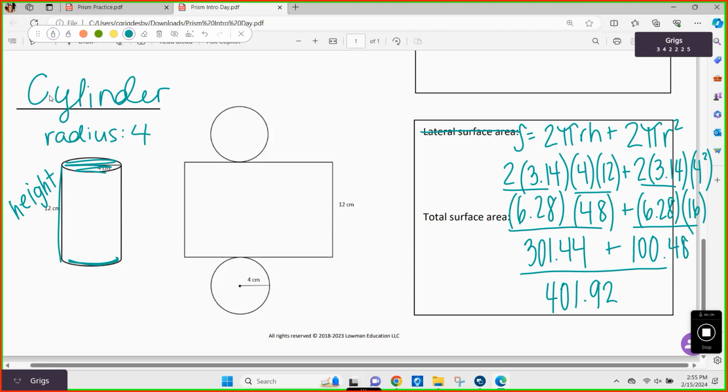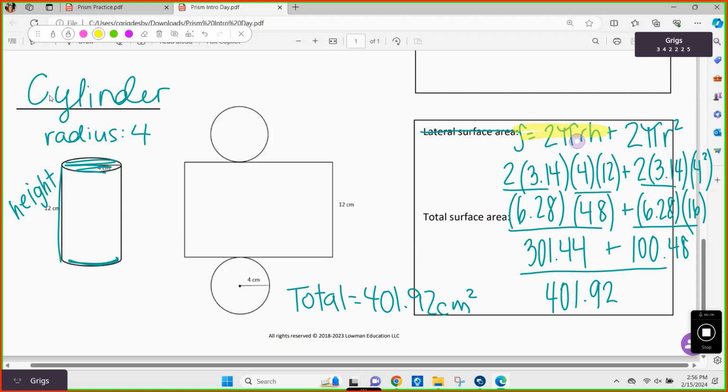So my total surface area, what it would take to cover the surface of all of these sides, would be 401, forget that decimal, and 92 hundredths, centimeters squared. And then, hold on. What is the formula for lateral surface area of a cylinder? S equals 2 pi r h.